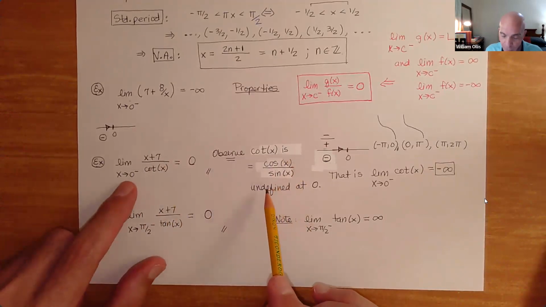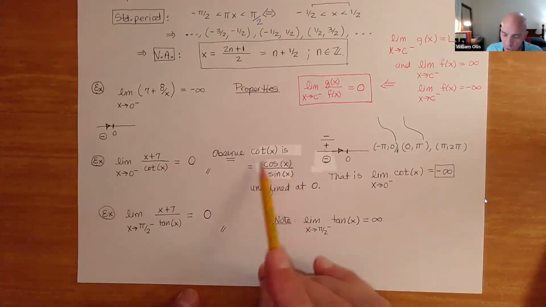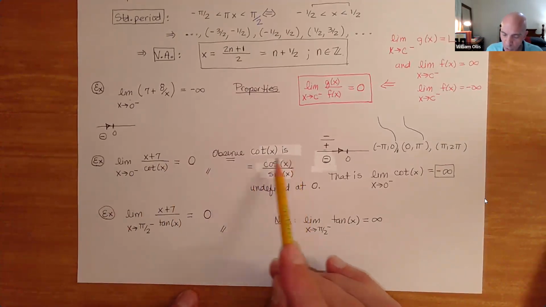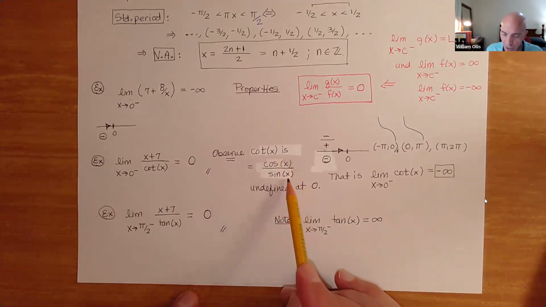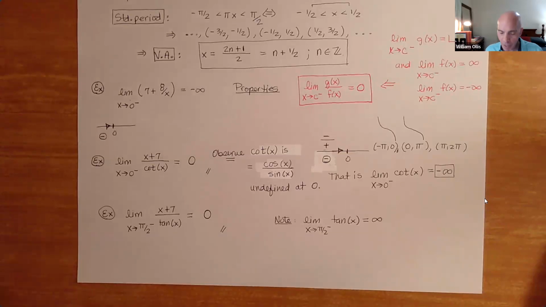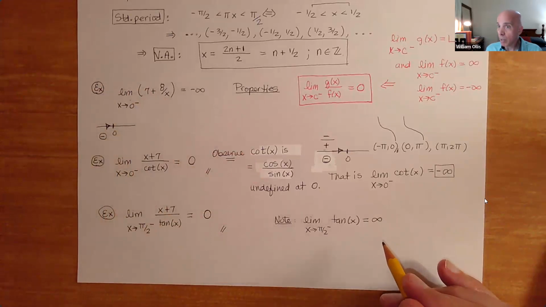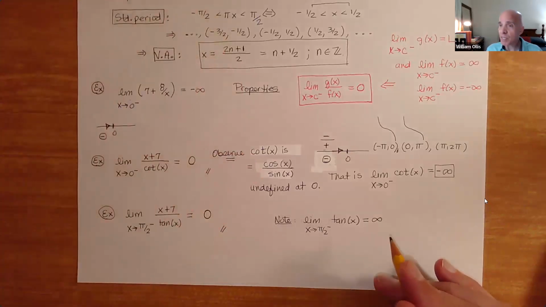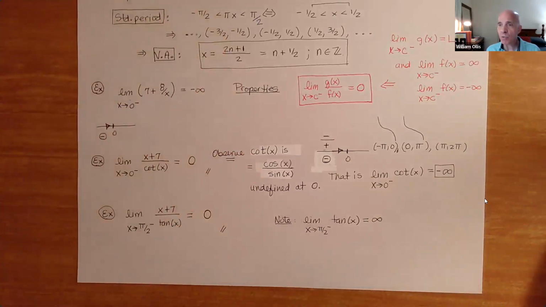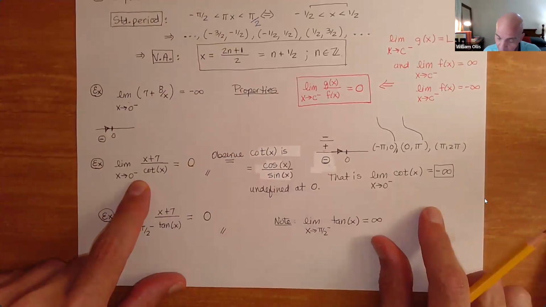And so as x approaches 0, we get undefined. So when you look at this particular function, you're thinking, oh, wait a minute, that defines a function that's blowing up, because notice cosine of 0 is what? 1, but sine of 0 is 0. So you've got a 0 in the denominator that's not a 0 in the numerator. So now you're thinking you're approaching from the left.